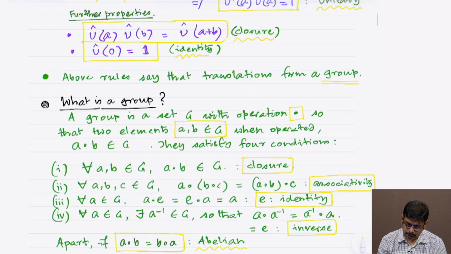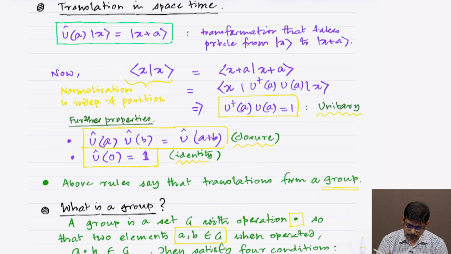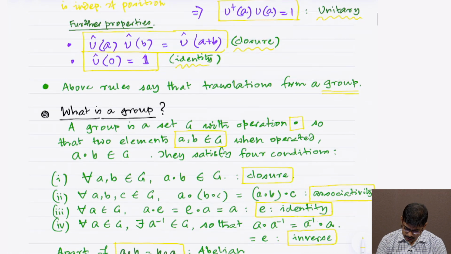and for which we found a special property: U dagger A is equal to 1 on top of the closure, having an identity, having an inverse, having the associativity, etc. This actually forms a group, not only a group, but actually a unitary group.